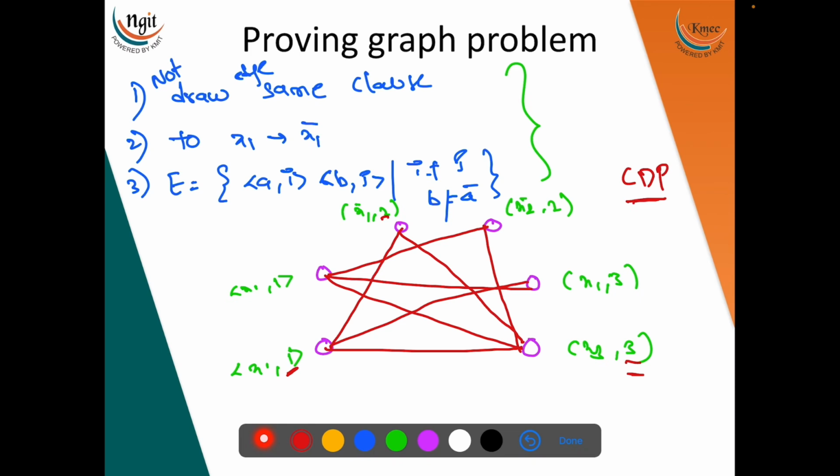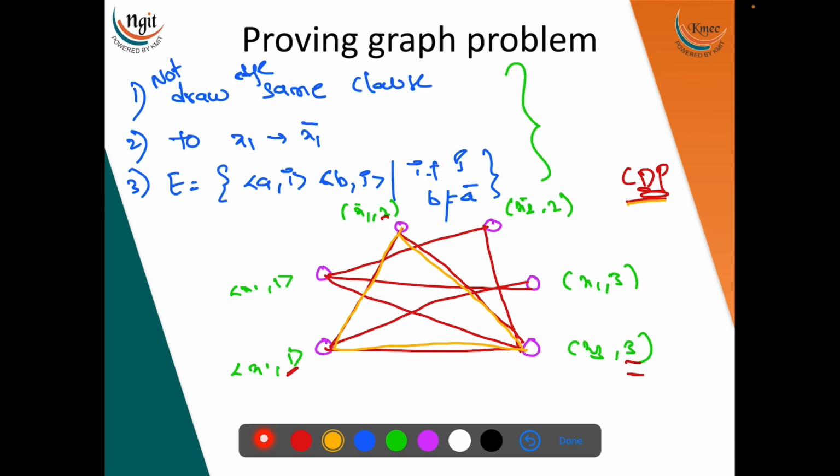So I am taking satisfiability, which I know, and converting it into CDP. What is CDP? Having a subgraph that is a complete graph. So find any subgraph over here. The subgraph is this complete graph. Now satisfiability is reduced to CDP. I have reduced the satisfiability problem to the clique decision problem.